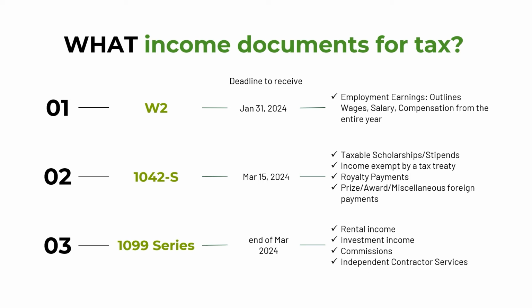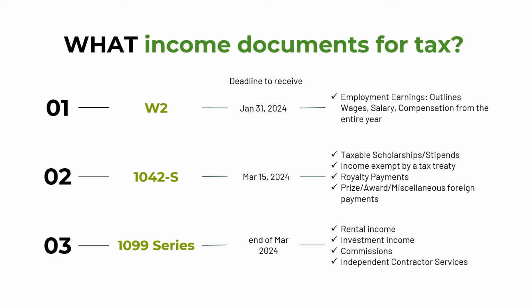The last type of income document is the 1099 series. It covers everything that is considered miscellaneous income. What does this include? Miscellaneous income can be from the income you made from a property, like your Airbnb. If you receive income from your Airbnb property, you will receive a 1099 series document from them. Or if you have an investment account and you make a capital gain from it, there's a high chance that you will receive a 1099 series for it.